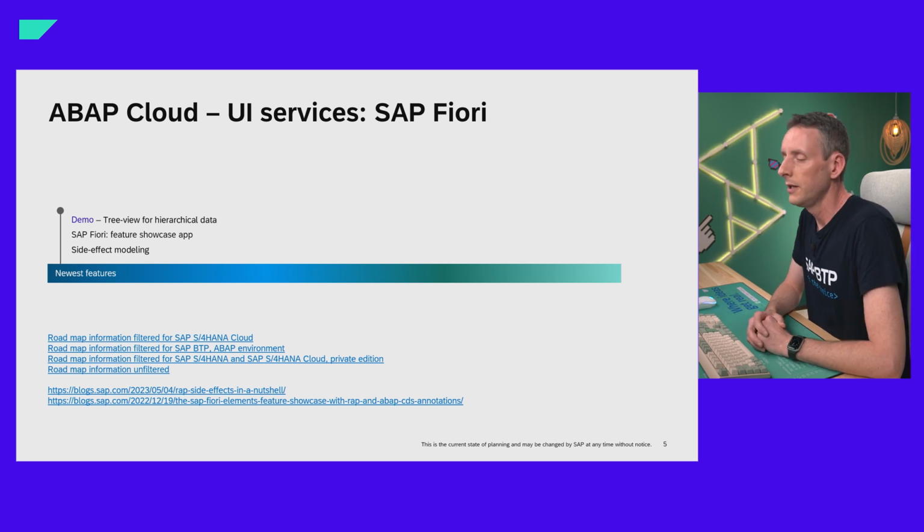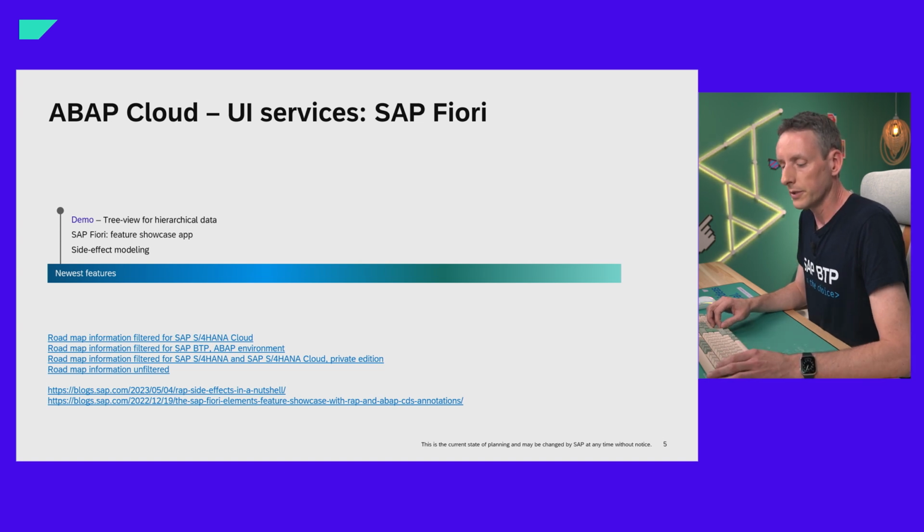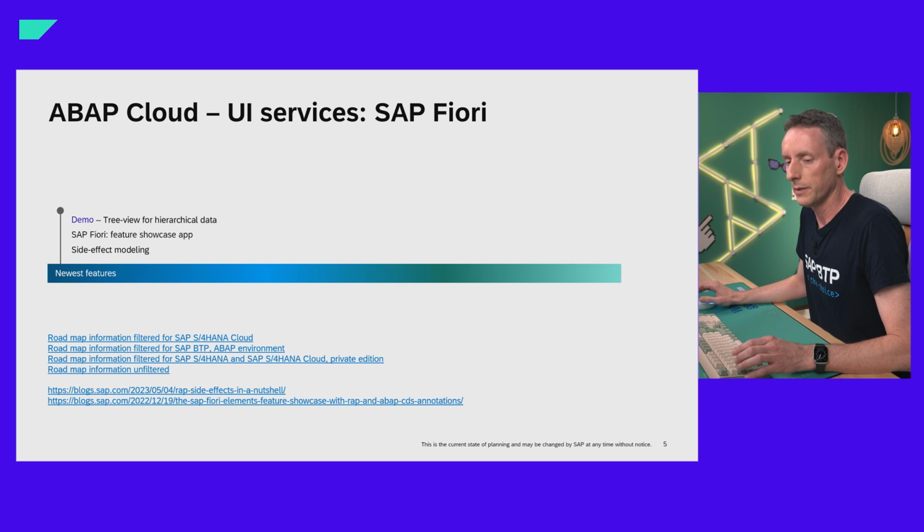The Feature Showcase app, implemented by our colleague Jesse, is also very frequently used, and many people make use of it because it demonstrates the capabilities you have to design Fiori apps with specific use cases like drop-down boxes, value helps, and so on, and how those are implemented. For the demo part, I prepared a tree view for hierarchical data to be displayed. It's a read-only use case, and that's what I will demo now.